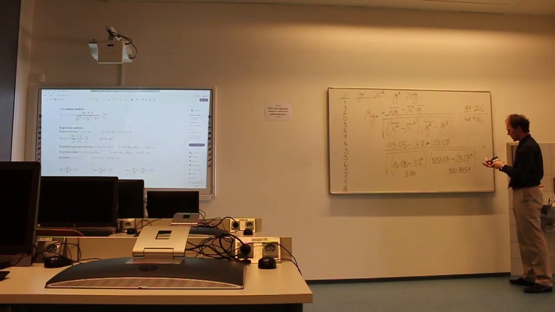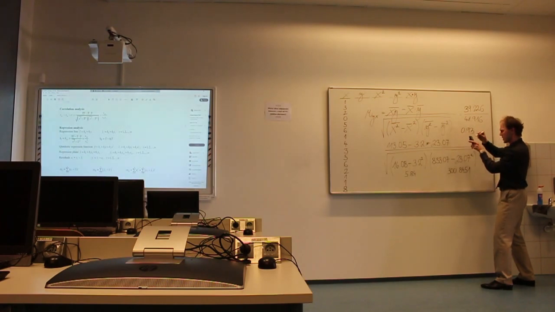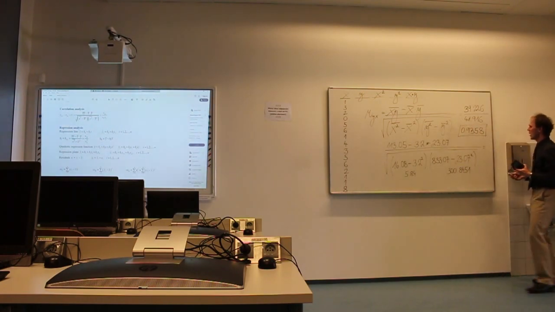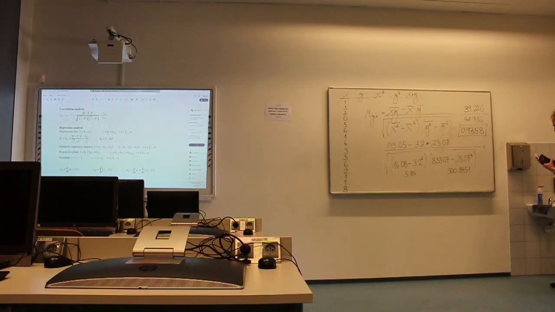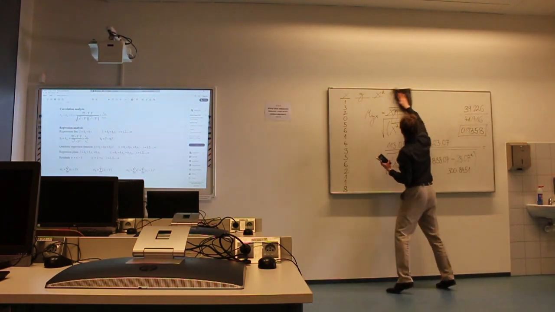The result is 0.9358. So this is the correlation coefficient. I will delete this formula.